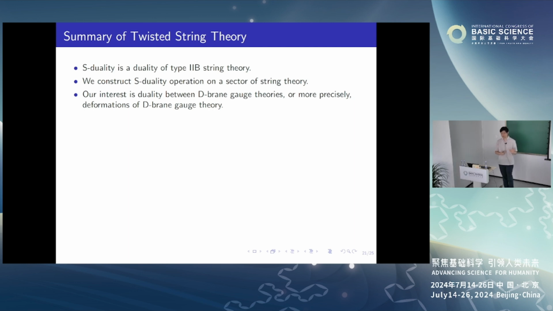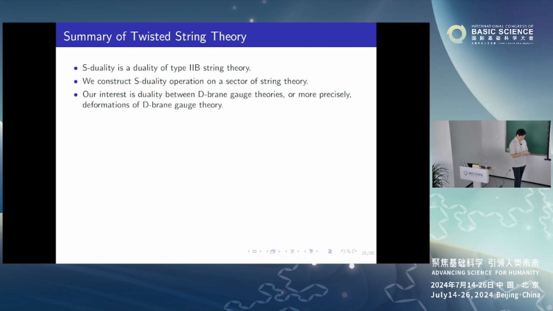And these 4D theories are exactly what are going to be understood as D-brane gauge theory in the context of the latter half. So I want to understand duality between D-brane gauge theories, and that's going to give some new conjectural statements between Langlands-type objects.